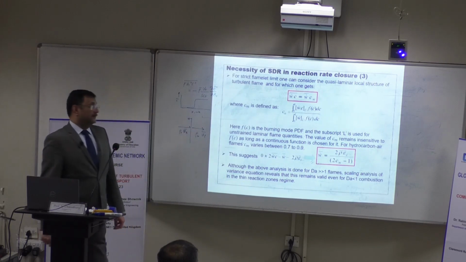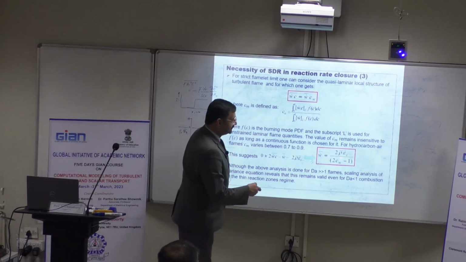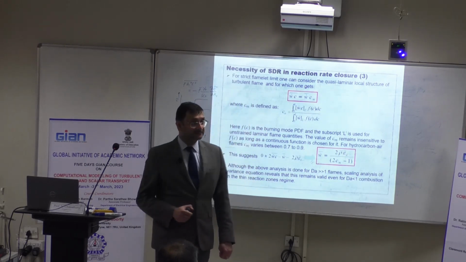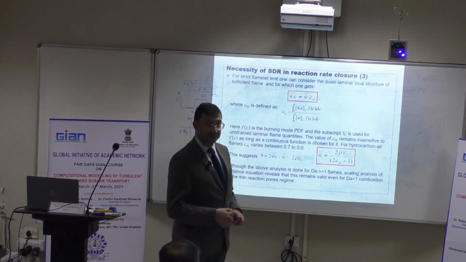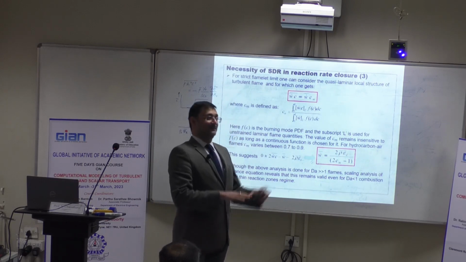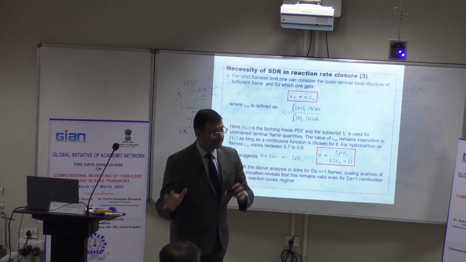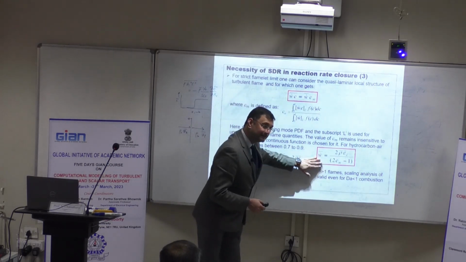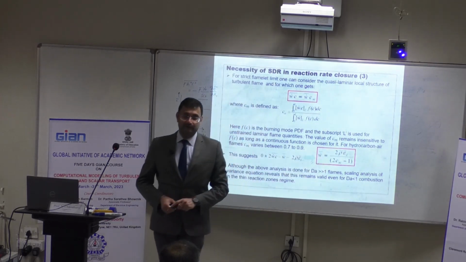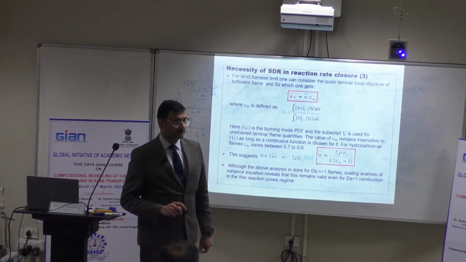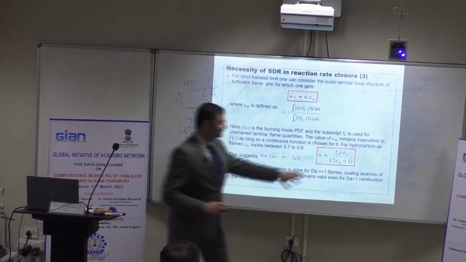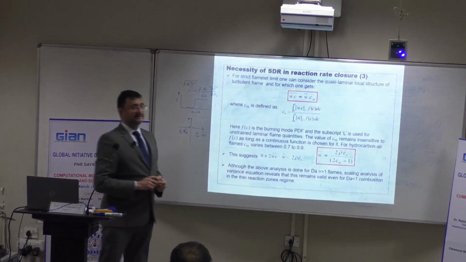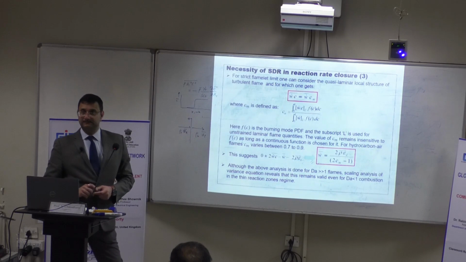So effectively, mean reaction rate in a premixed flame is directly proportional to scalar dissipation rate. So you need scalar dissipation rate not only for representing the molecular dissipation contribution, you may need that even for closure of mean reaction rate. Obviously, for passive scalar mixing, this aspect does not hold. You need it anyway for representing the dissipative action. Clear?